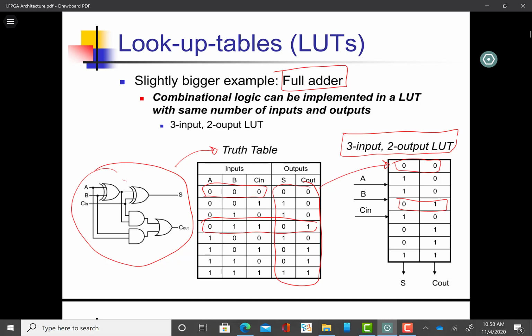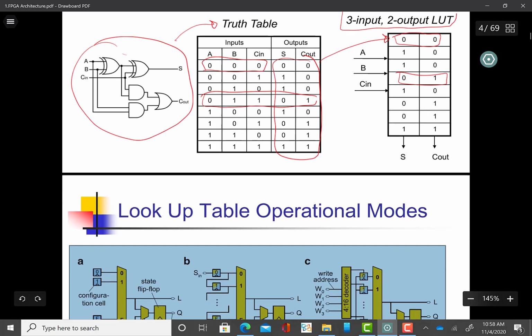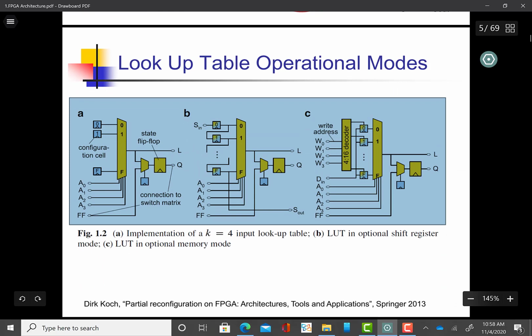Okay, so it's very easy to implement any combinational logic. You just take the truth table and put it inside the SRAM cells of the lookup table. So that is very interesting.